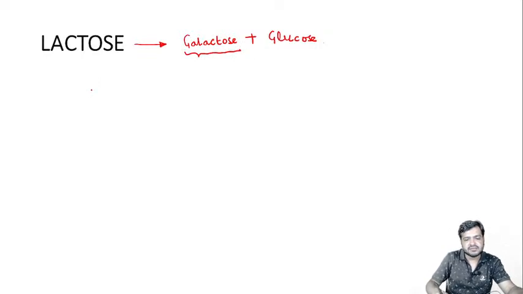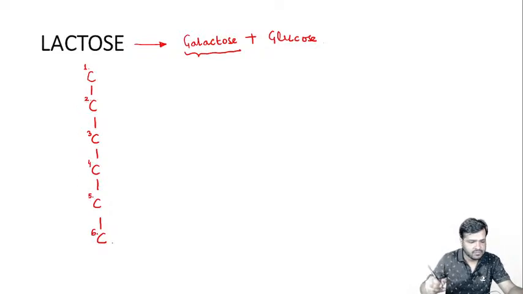So first I will make the structure of galactose. You already know it is a 6 carbon compound. We will number all the carbons over here: 1, 2, 3, 4, 5, 6.